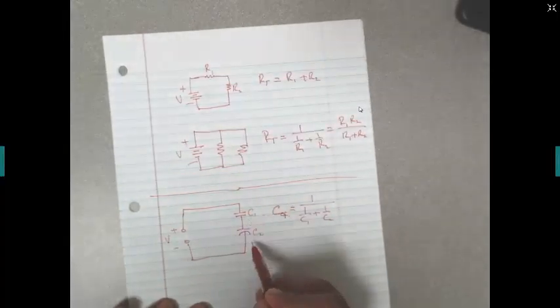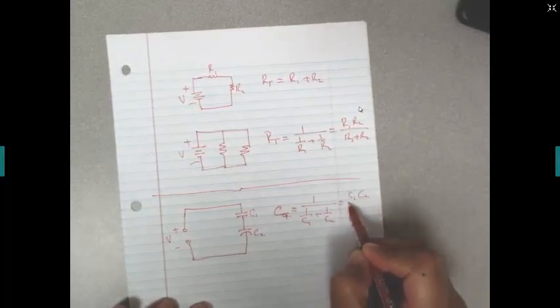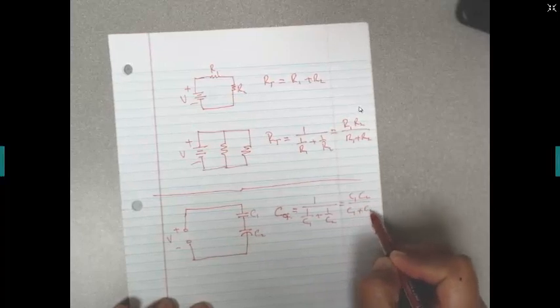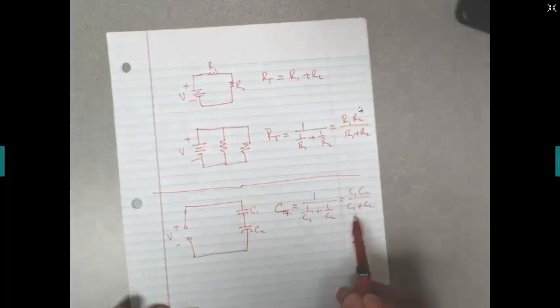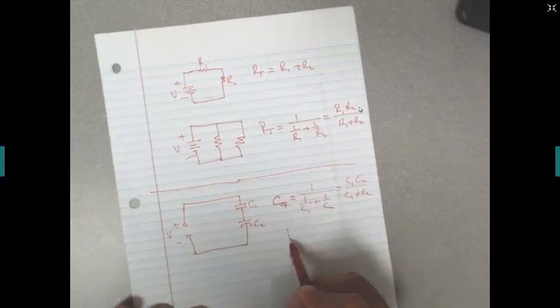If it's only two of them, then we can say that this is going to be C1 times C2 divided by C1 plus C2.